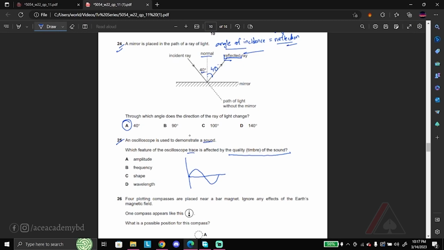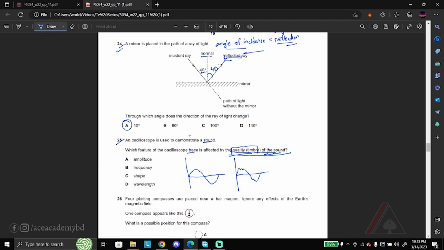It says the quality of the sound. So if the quality of the sound is changed, then the oscilloscope trace will have something like this. The shape is distorted because of the poor quality, so the shape will be like this.